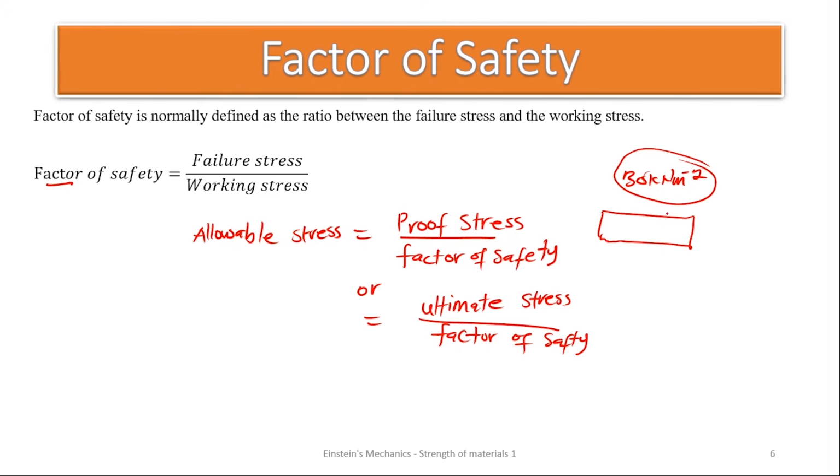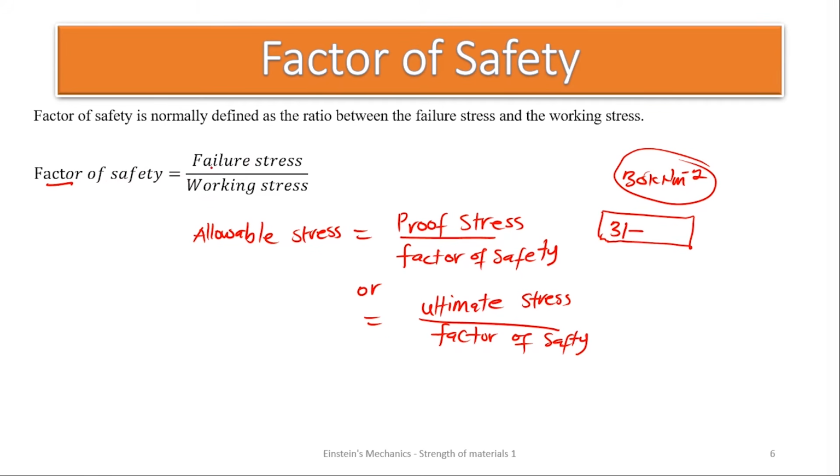I should have a material that can withstand a stress higher than what I am going to induce. So I can choose from 31 to any number of stress to help me in order not for my material to fail. That's what all this is about.